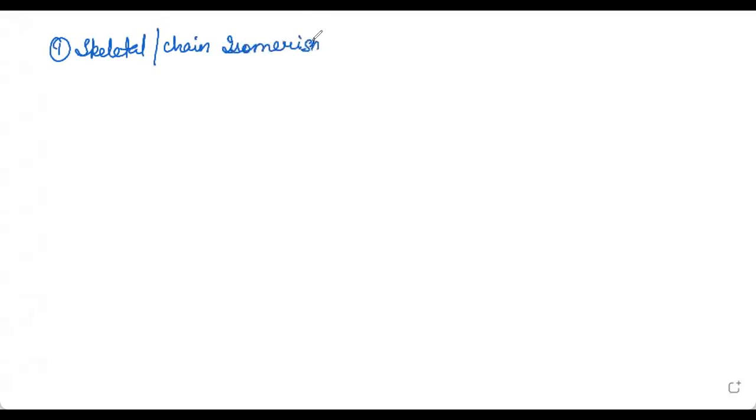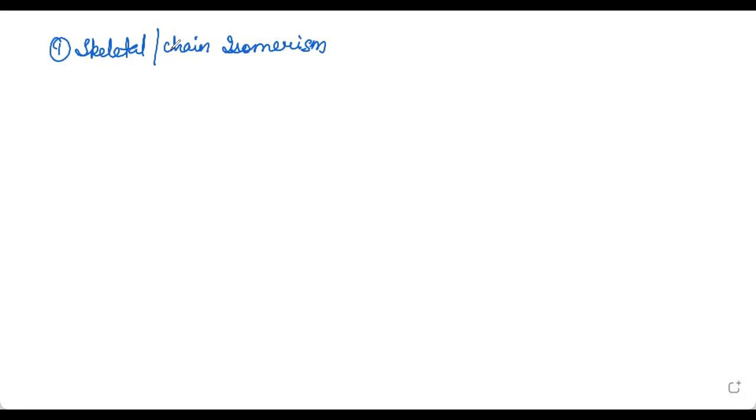Now, why do we call it skeletal isomerism? This is because the carbon chain in organic compounds is the center of the molecule. So it is the main part of the organic molecule. So it is known as the skeletal isomerism. It forms the skeleton of the organic molecule.